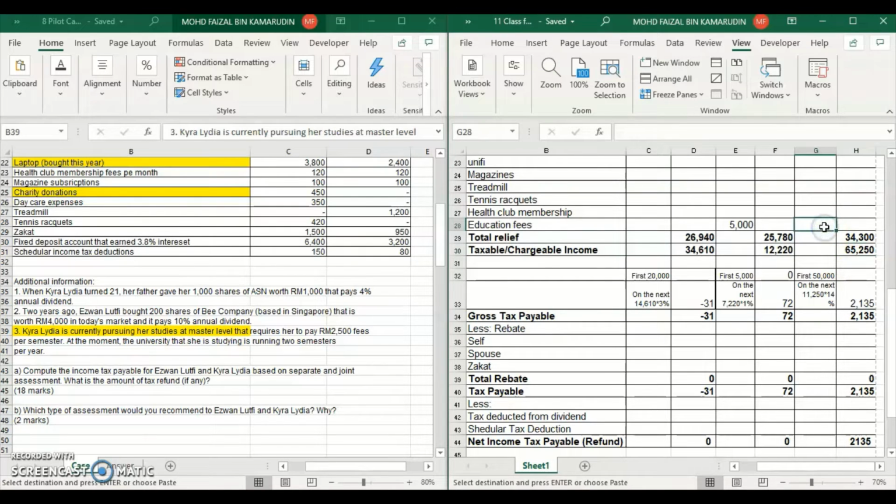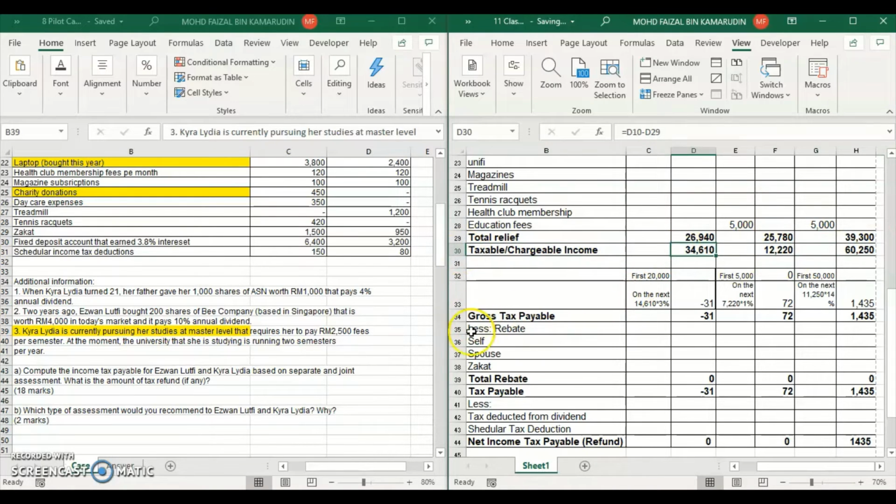Oh sorry, I missed this one, it should be 5,000 as well. So for the joint couple, they would have 6250. This is the taxable income.